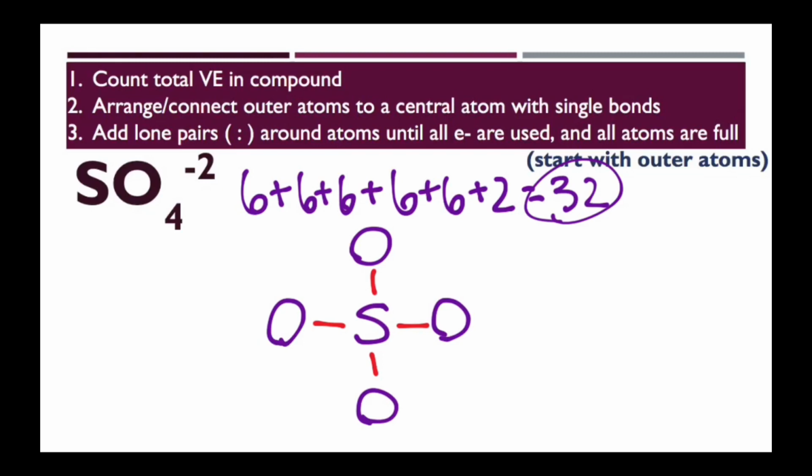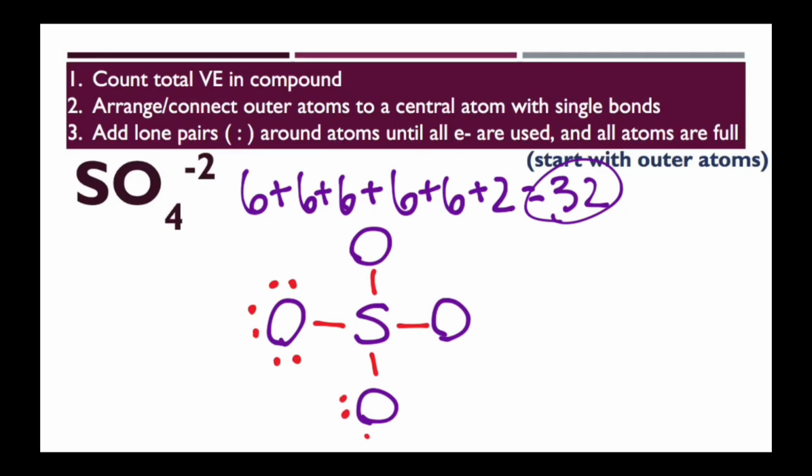So I'm going to start adding lone pairs around my outer atoms, my oxygens, until they get full. Once again, right angles are really helping me because I can see just adding those 6 electrons, that's 3 lone pairs around the oxygen, has gotten it full. I'm at 14 electrons now.